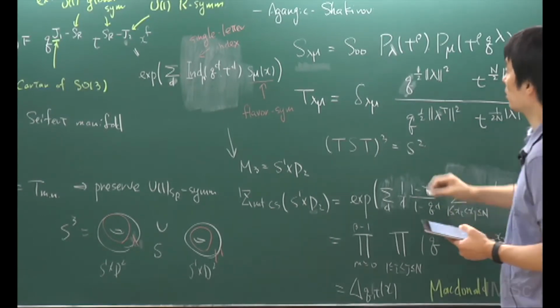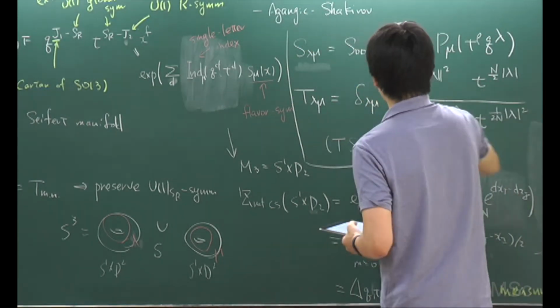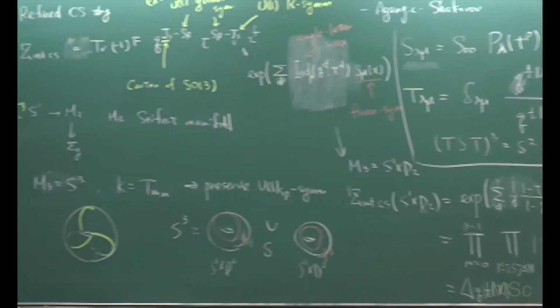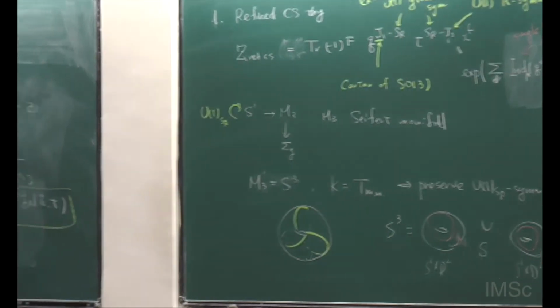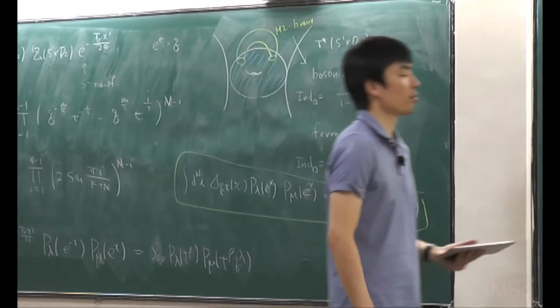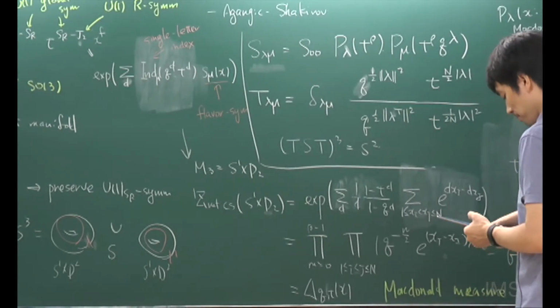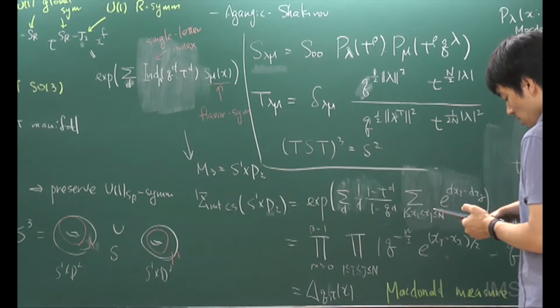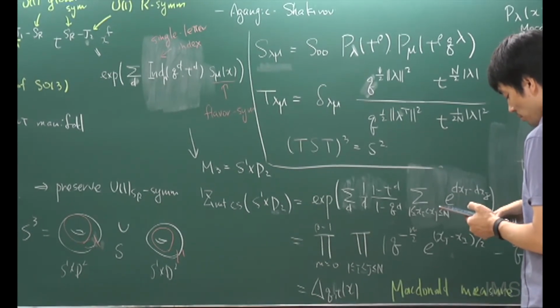So that's the standard SL(2,Z) transformation. Sorry, I don't have a good explanation about this part, actually. Okay, let me move on.